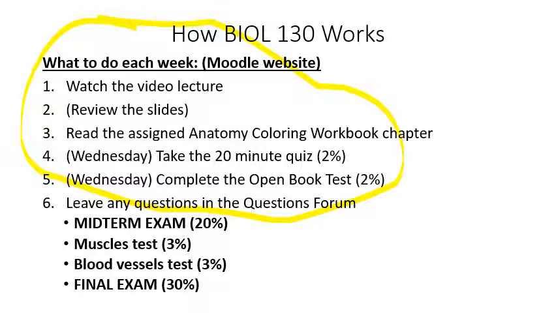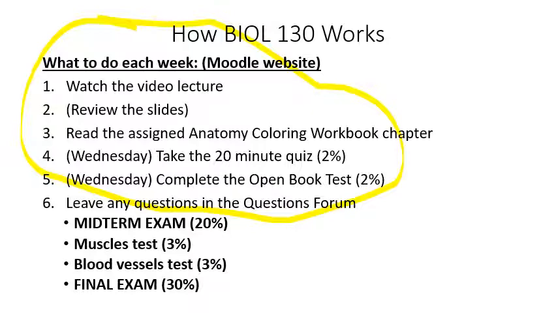You can withdraw later on, but you won't get any money back. And I believe you're able to withdraw and get a W on your transcript, W meaning withdraw, for up until week 9 or something like that. So it's totally up to you.